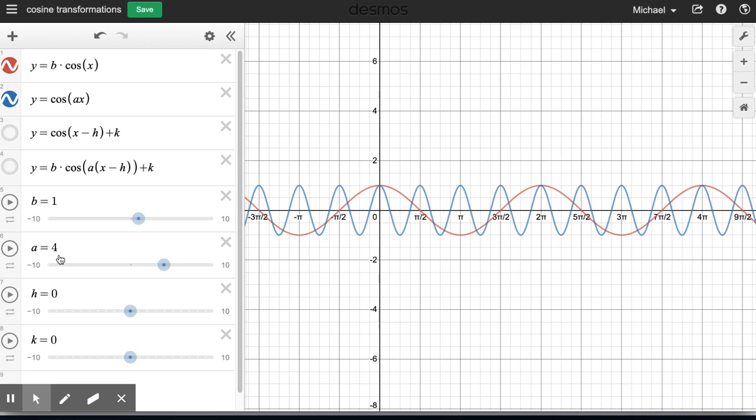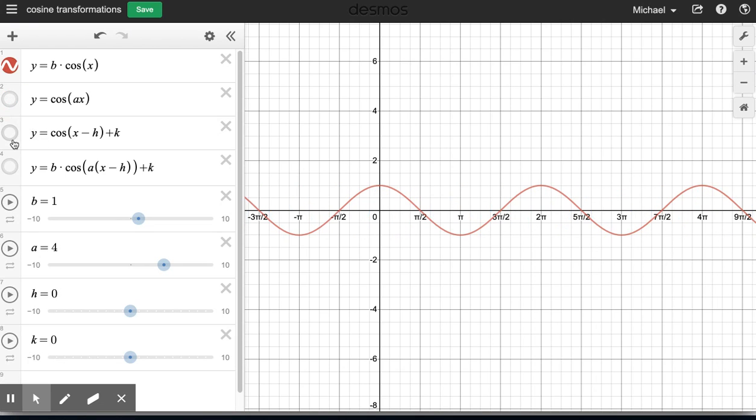So right now when the a is 4, cosine of 4x, you see the period has been shrunk down. You can count along. There's 4 cycles of this graph from 0 to 2 pi. So from 0 to 2 pi, I see 4 periods, so that period has to be 2 pi divided by 4. And that's the big key there.